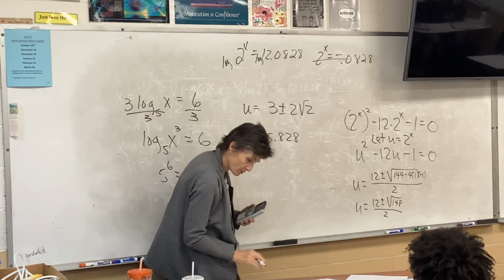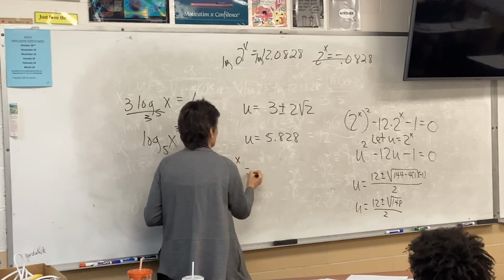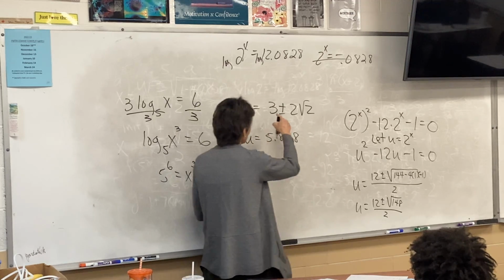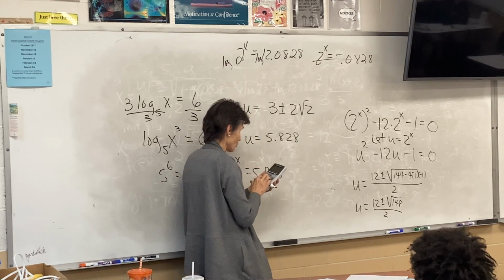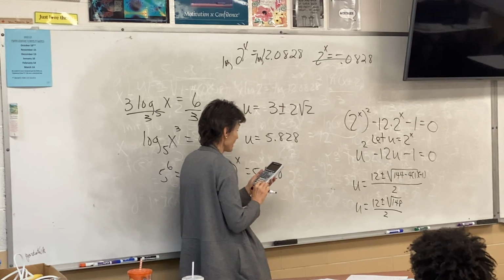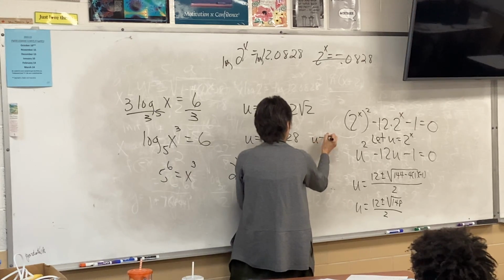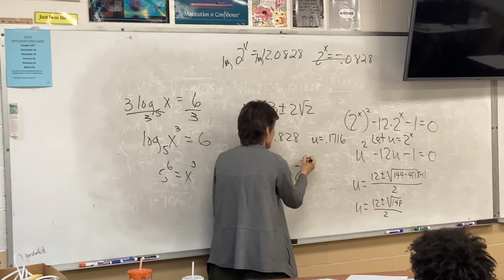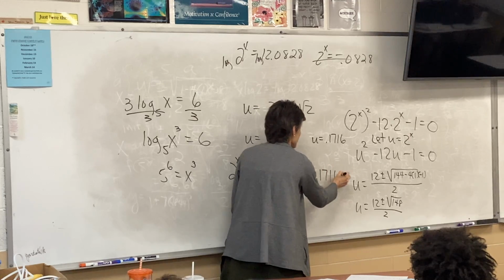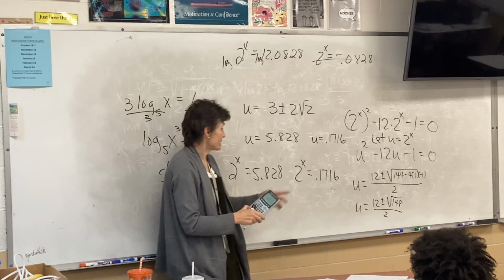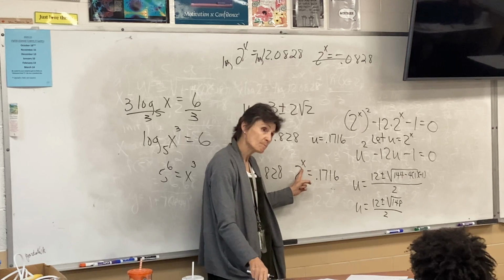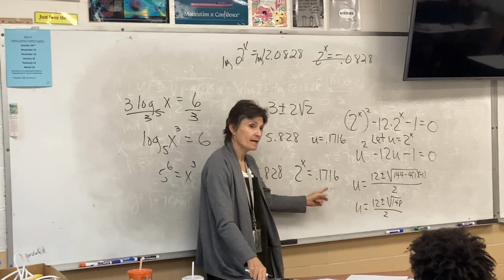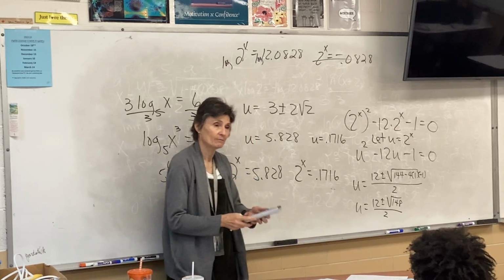So 2 to the x equals 5.828, right? And then 3 minus the square root of 8 is 0.1716. So 2 to the x equals 0.1716. X is an exponent. Can exponents be negative? Absolutely. You just can't raise 2 to a power and get a negative.